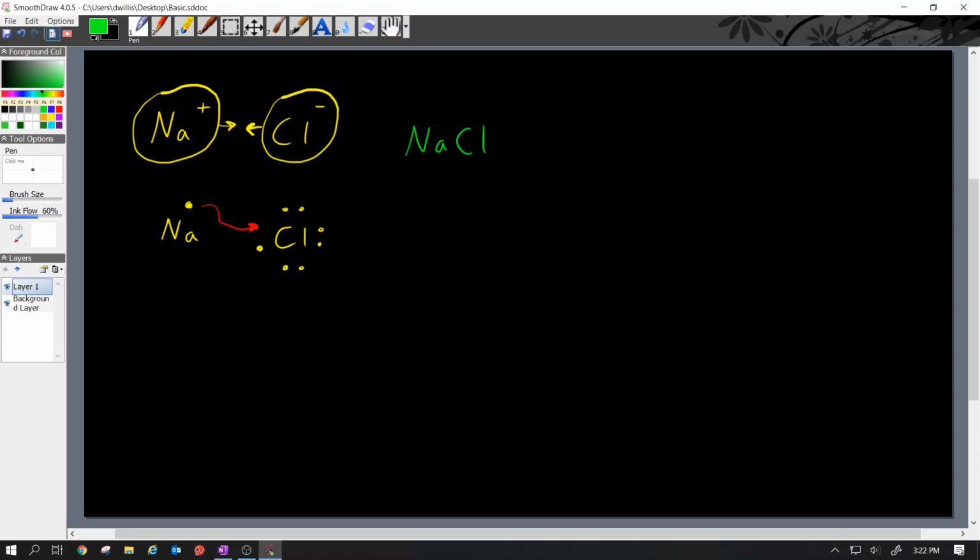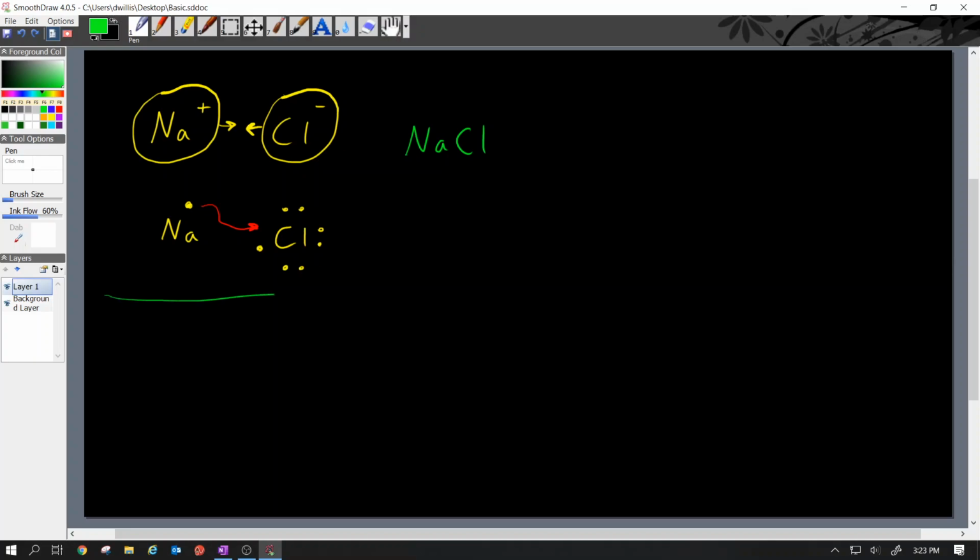Since this was a +1 and a -1, we only needed 1 of each. We couldn't label that with 1 of each, except we don't do that in chemistry. We don't put the ones on there. If there is not a number, 1 is implied.